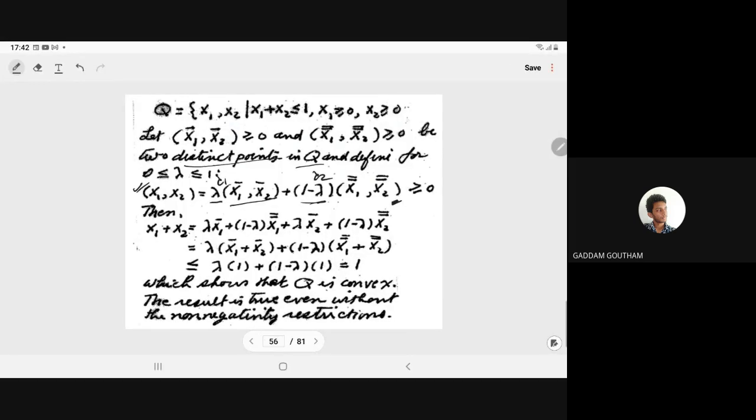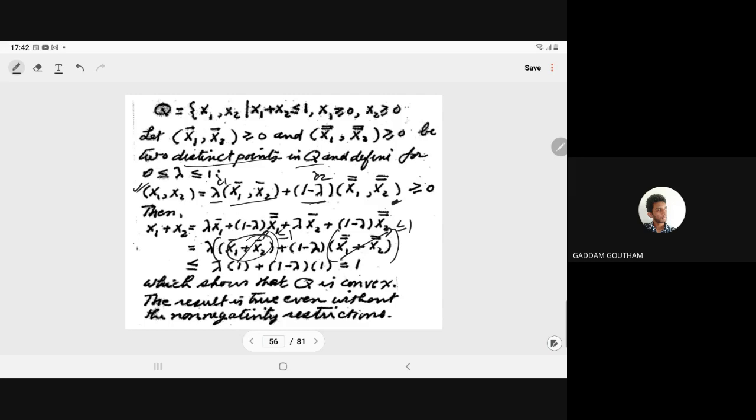So that can be written as x1 + x2 = lambda x1 bar + (1 - lambda) x1 double bar + lambda x2 bar + (1 - lambda) x2 double bar. If you take lambda common, here we have x1 bar + x2 bar. If you take 1 minus lambda common, here we have x1 double bar + x2 double bar, and that is less than or equal to 1, because it lies in the convex set.